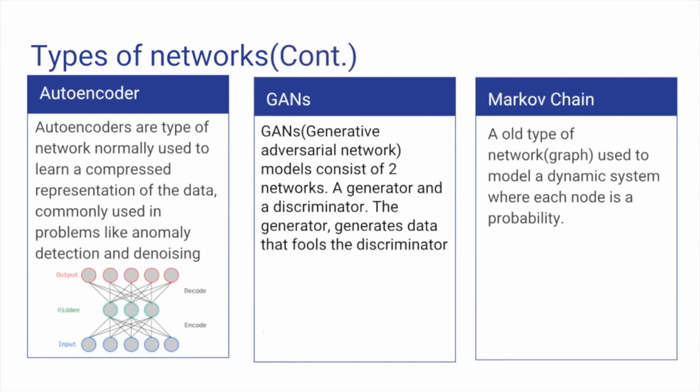Okay. So a few more. We have autoencoders. These are slightly different architectures in that we're trying to learn a compressed representation of the data. And that may or may not be somewhat obvious from looking at the architecture below. We have output and input layers that are the same size.